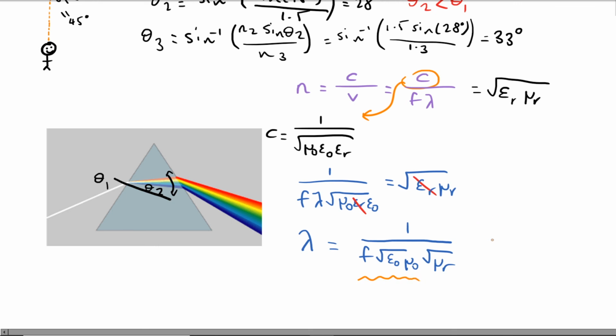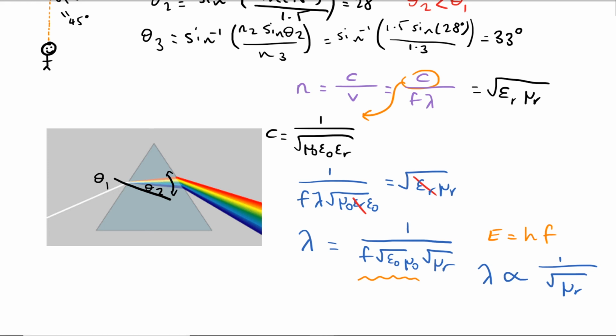So we'll learn in our upcoming area of study that the energy of light equals hf, and because of the conservation of energy, our frequency can't change. So f here is just a constant, or we can write that lambda is proportional to 1 over square root of mu relative. What does this mean?